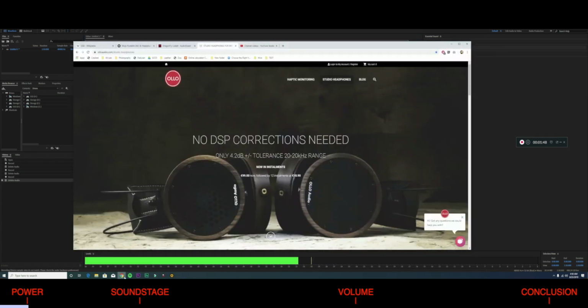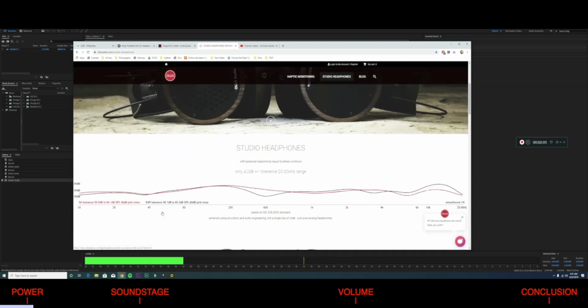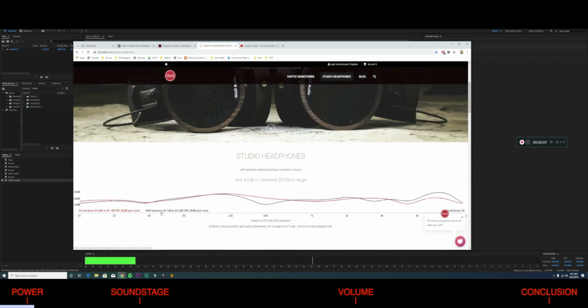So let's talk about the power requirement. And what I have here is the Allo Audio S4R. Those are the headphones we are going to use for this test for a number of reasons. Reason number one, it's an extremely flat response rate.